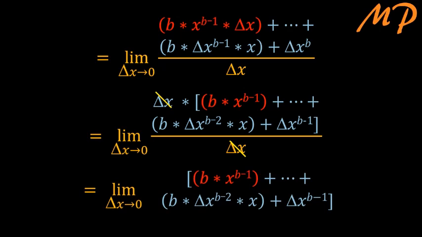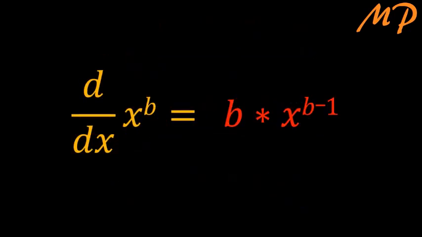In this equation, all the terms except for the first one have delta x in them. Since delta x approaches 0, all those terms will end up being multiplied by 0, and the only term that will remain is b times x to the power of b minus 1. So it is safe to say that when we differentiate x to the power of b, we get b times x to the power of b minus 1.